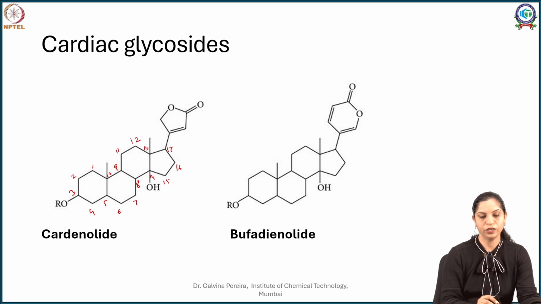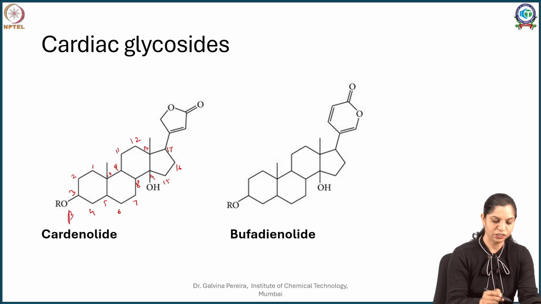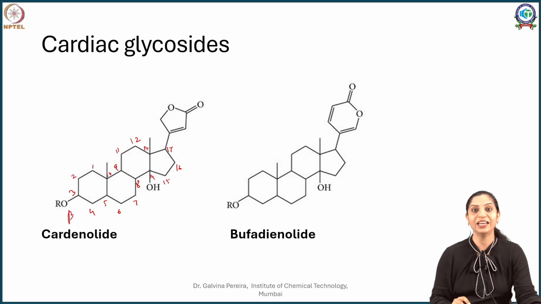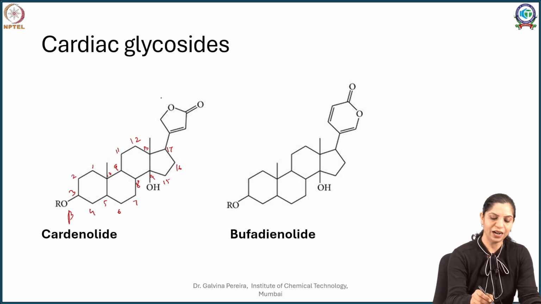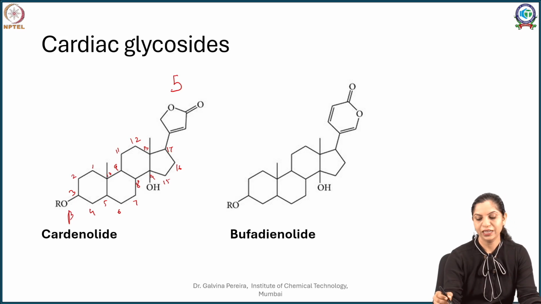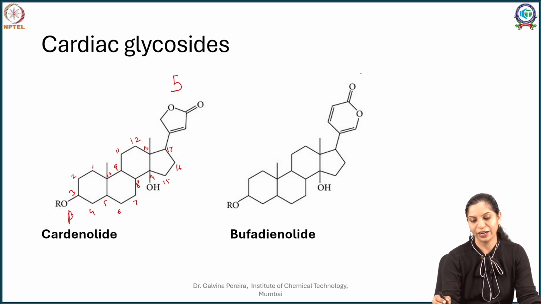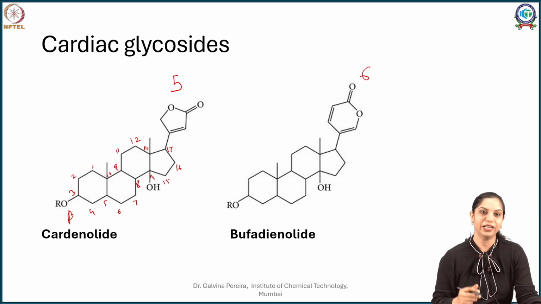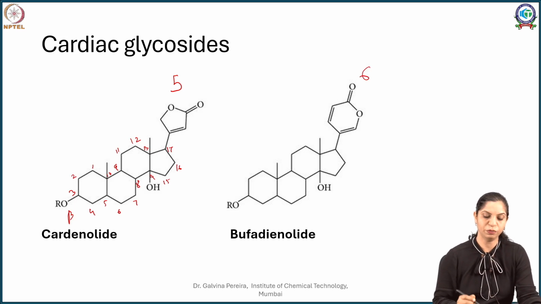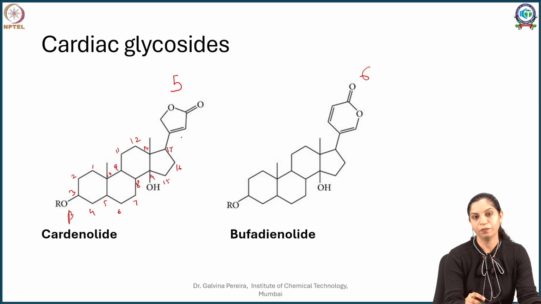Here the sugar is attached in a beta position and so is the lactone moiety. In cardenolides, you will see a 5-membered lactone moiety, and in bufadienolides, a 6-membered lactone moiety. Another difference is that here the number of double bonds is just 1, whereas in this case you have 2 double bonds.